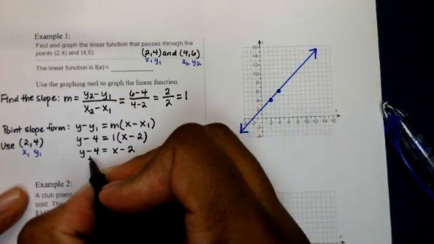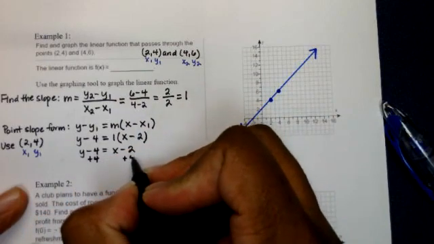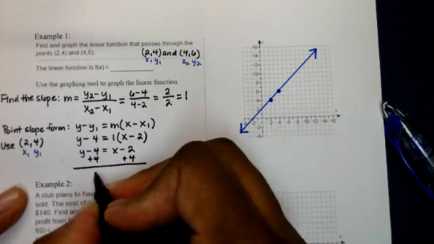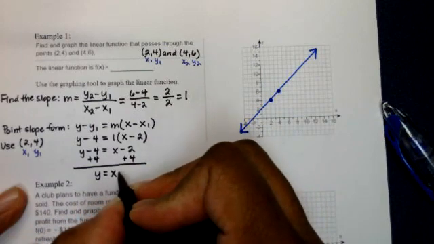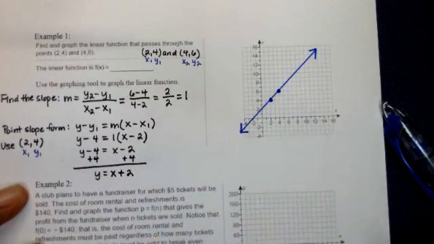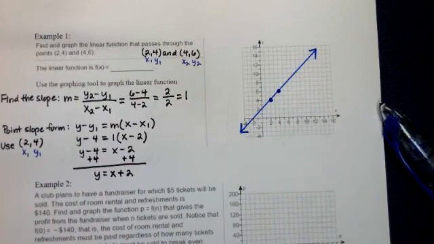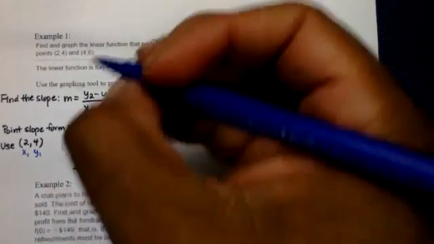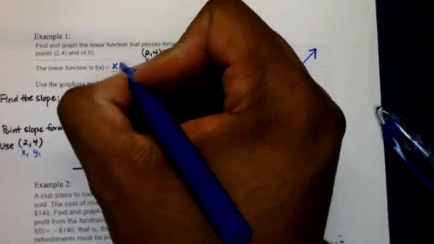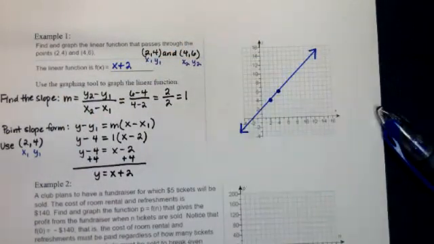And then to solve this equation for y, we add 4 on both sides to get y is equal to x plus 2. And since y and f of x mean the same thing, f of x would be just the equation x plus 2.